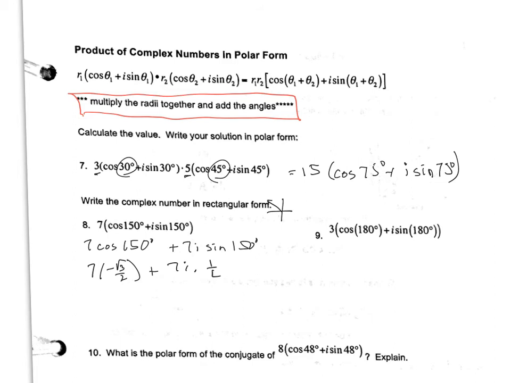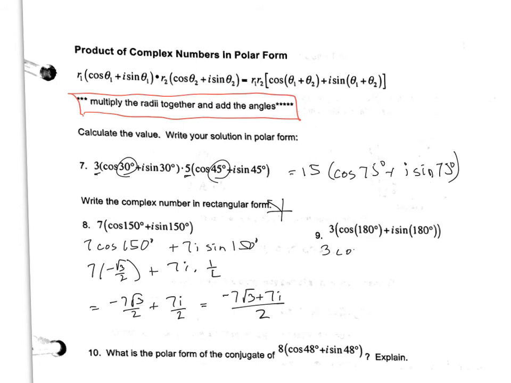And so we get negative 7 radical 3 over 2 plus 7i over 2. You're more than welcome to leave it like that. Sometimes in ALEKS, they're really picky about the answer, so you may have to write it as a common denominator.